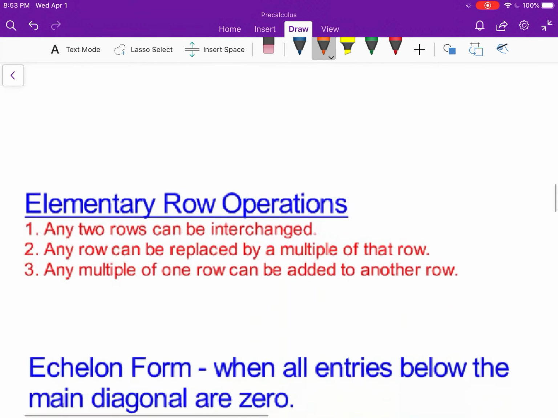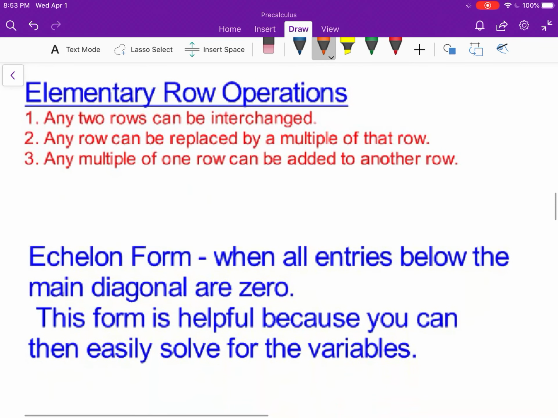So what we want to look at next is the elementary row operations. So when we have an augmented matrix, as we work through this Gaussian elimination, here are the 3 rules that you can use. Any 2 rows can be interchanged, so you can switch the first and second row or first and third row. Number 2, any row can be replaced with a multiple of that row.